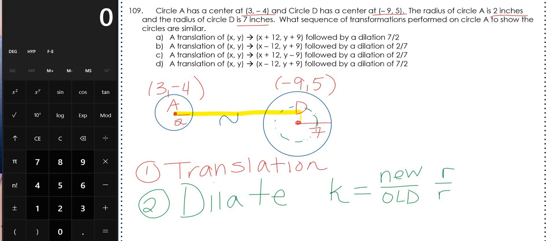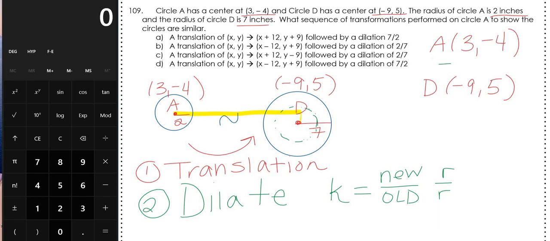Okay, so basically A is going to turn into D, kind of like our visual showed. So the first thing we want to talk about is the translation. Notice all of your choices talk about the translation first. So you have to think about, how do I get from (3, -4) to (-9, 5), which is the center of A to the center of D. Now, to get from 3 to -9, I'm clearly subtracting.